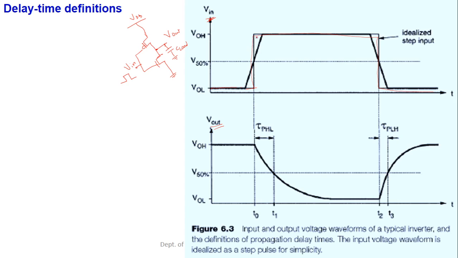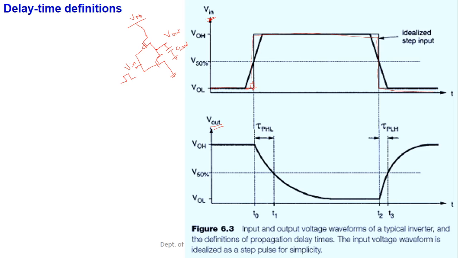Ideal means it does not have any slope, it goes directly at 90 degrees. It switches between 0 and 1 instantly, without taking any time. If it switches instantly without any delay, we call this an ideal signal.